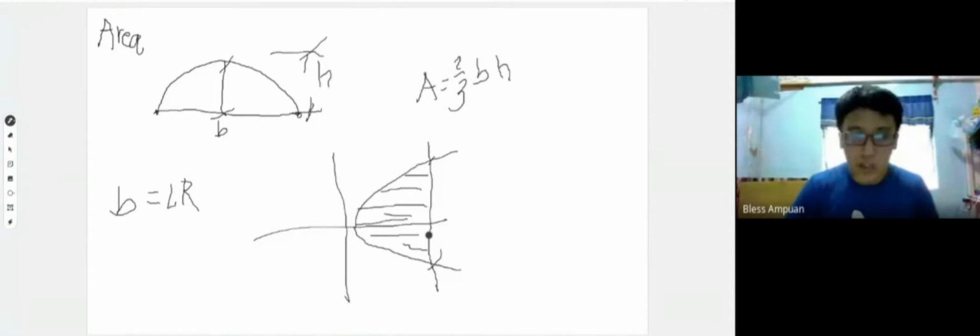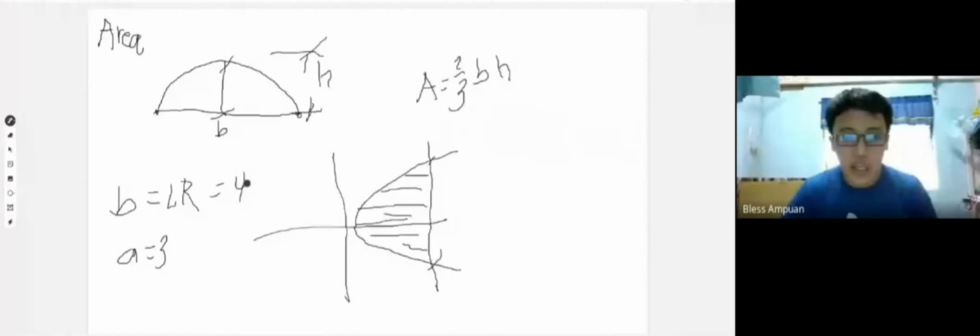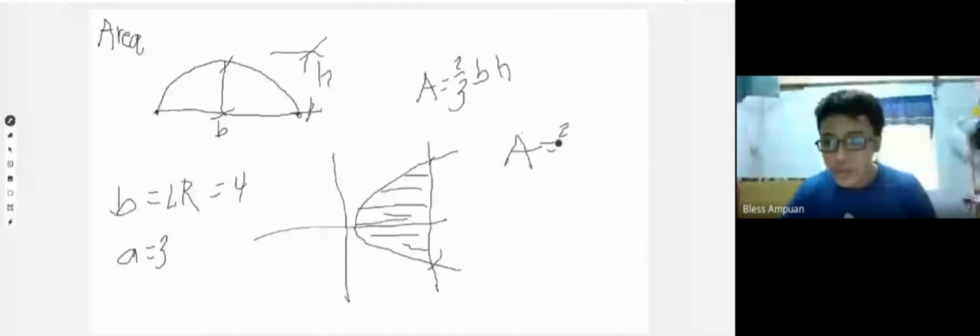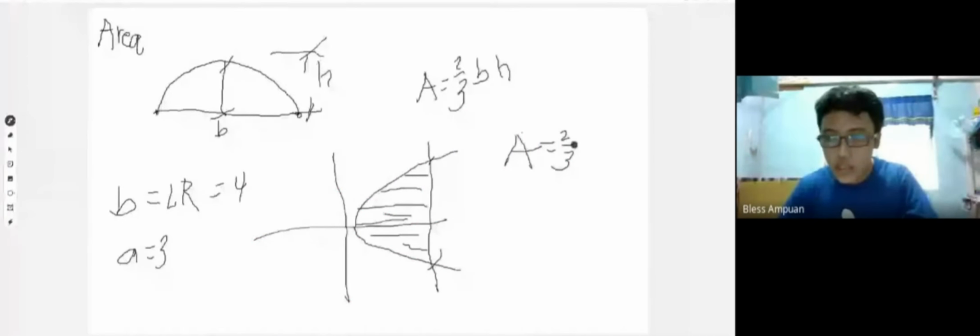So halimbawa, yung latus rectum nga 4, tapos yung focal length nga 3. So if nakuha na niyo yung focal length and then an latus rectum is 4, kung ginahanap ang area, just use this formula, 2/3 times 3 times 4.